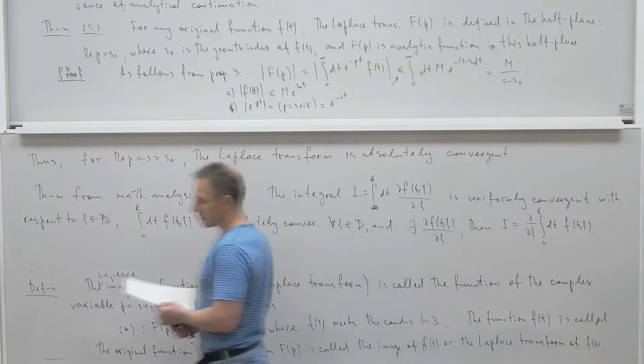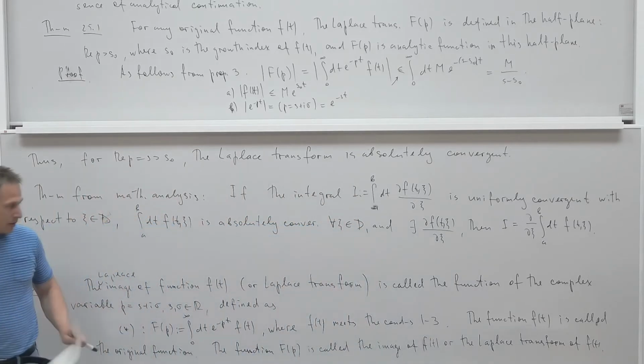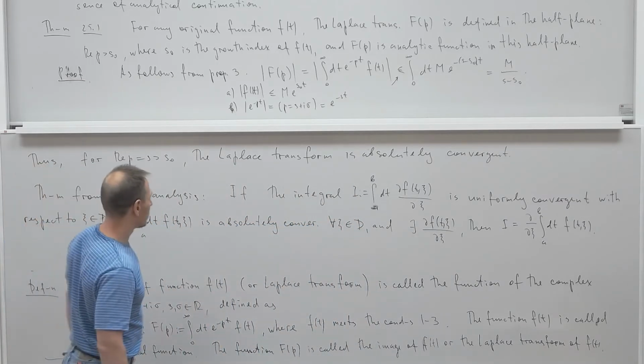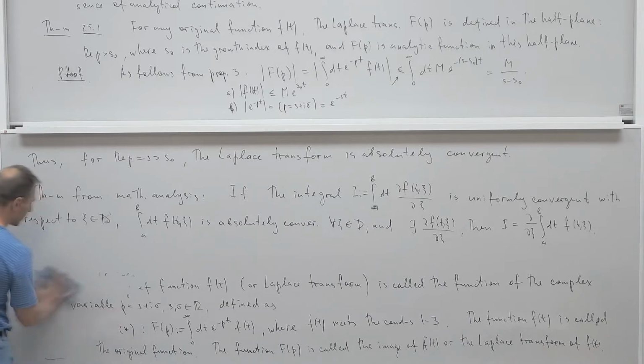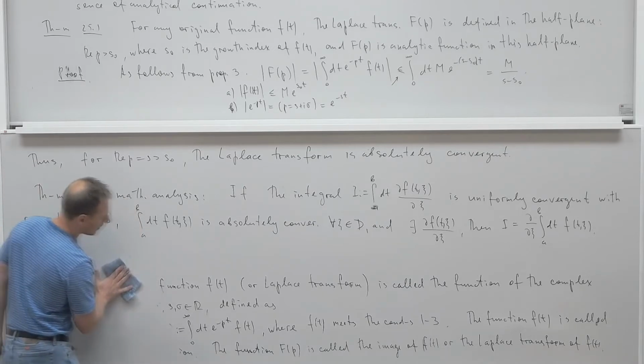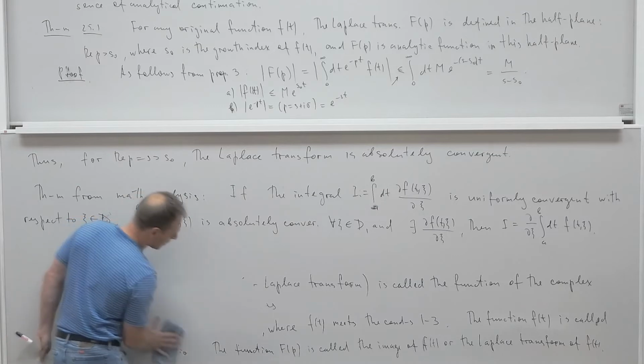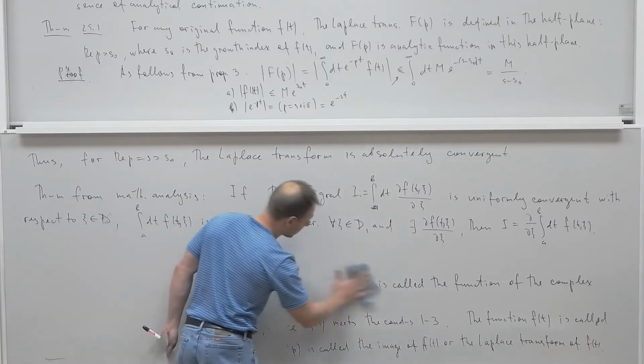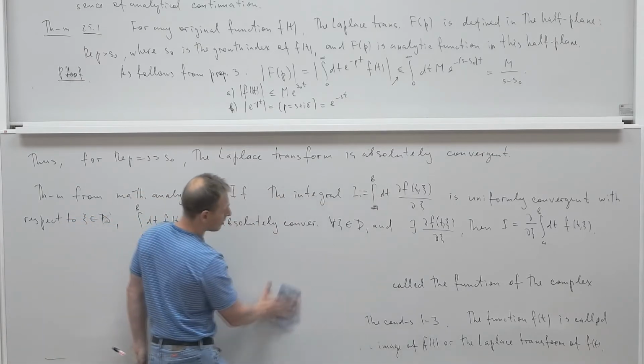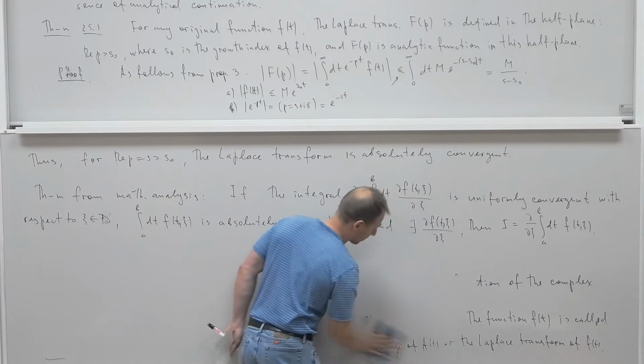In fact, this theorem states that under the fulfillment of these conditions, one can remove the derivative from the integral sign, or one can differentiate the integral with respect to the parameter xi. It is the same.